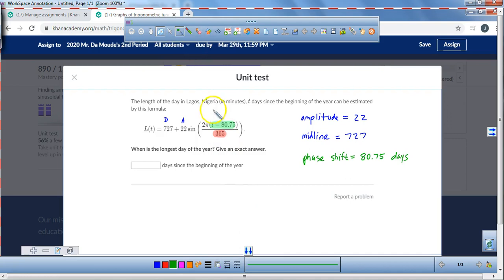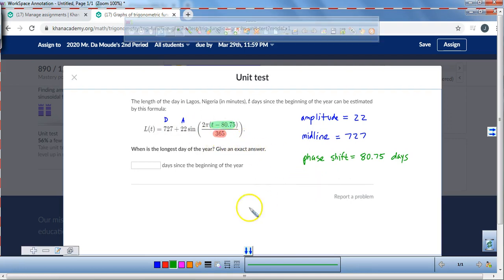That's the length of the period. Whatever that number is in the denominator when you're looking at these equations, that's going to be the length of your period. So the length of this period, it's not our B value, okay? But right here, if it's set up in this form, that's going to be very, very useful for you. Period is 365 days.